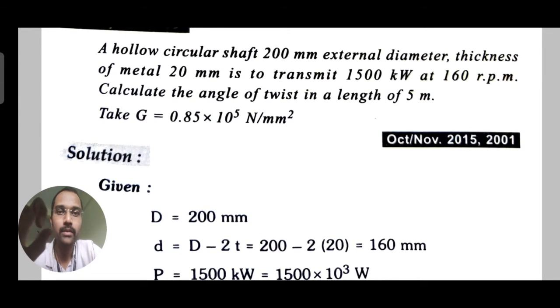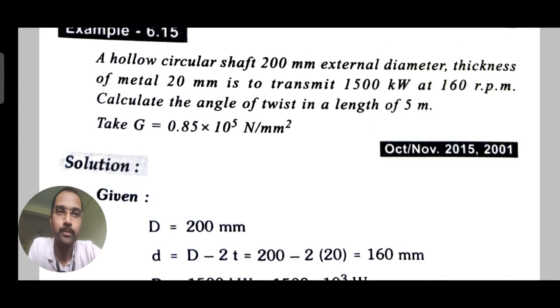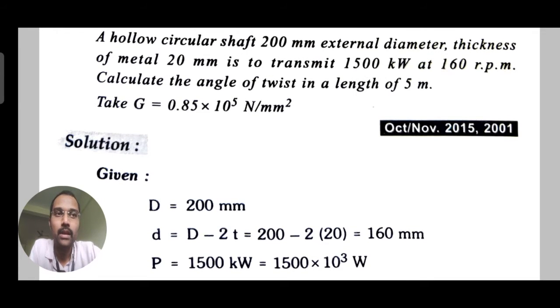So the power is 1500 kilowatts. It is transmitted by the hollow shaft at 160 rpm. We are asked to calculate the angle of twist, theta, in a length of 5 meters. That means the length of the shaft is 5 meters.